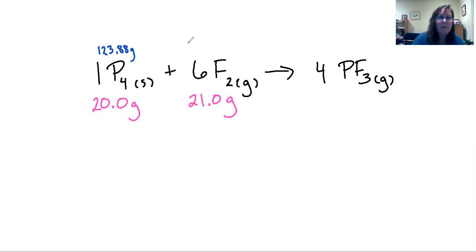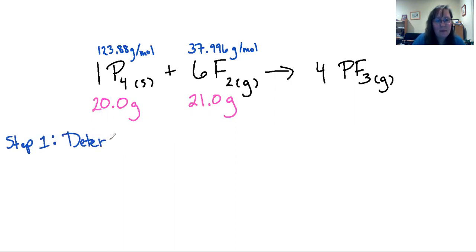So the molar mass of our fluorine is 37.996 grams per mole. Now step 1 is to determine moles of each reactant.